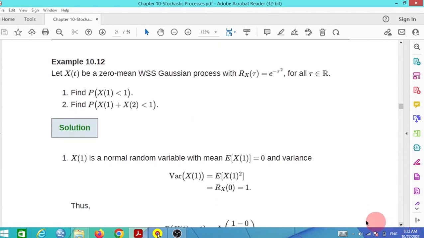Example: let X(t) be a zero mean wide sense stationary process. Wide sense stationary, or weak sense stationary, means the expected value is independent of t, the variance is independent of t, and the covariance or correlation depends only on the time difference between t1 and t2, which we denote by tau, where tau is t2 minus t1.